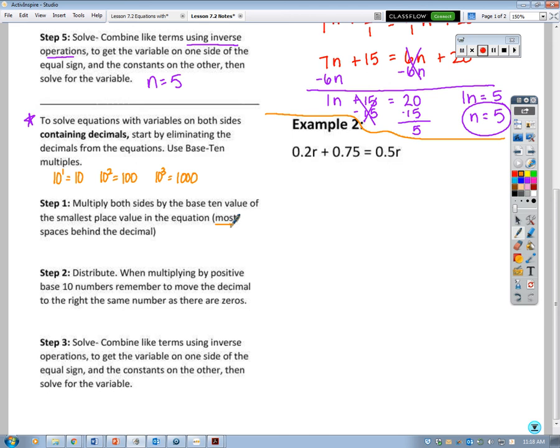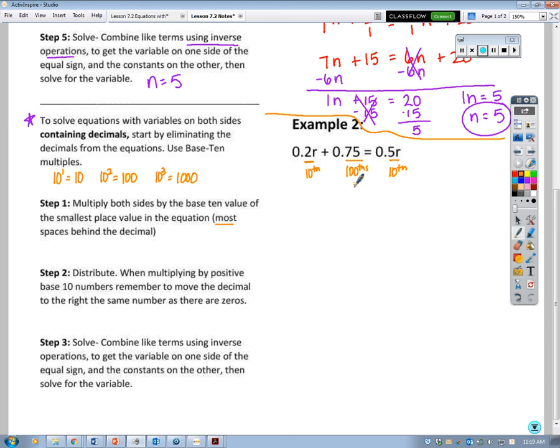So we're looking at our example 2 here, where we have, this is tenths, this is hundredths, and this is tenths, right? 5 tenths, 75 hundredths, 2 tenths. So we are multiplying both sides by the base 10 value of the smallest place value. Hundredths is smaller than tenths. So we are multiplying everything by 100 because that's our smallest place value.